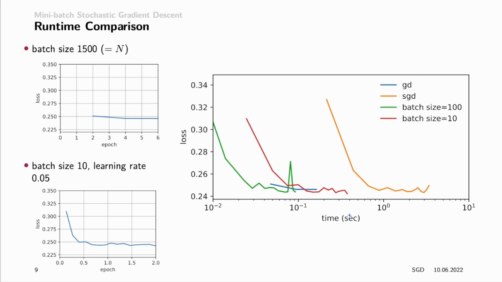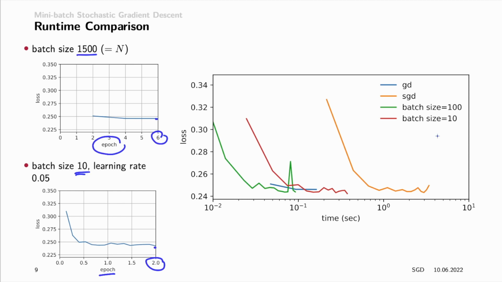Here we see the number of epochs that are needed with a batch size of 1,500. And here's the number of epochs needed for a batch size of 10. And you see that in order to arrive at a similar loss, you need many more epochs for larger batch sizes than if you work with a smaller batch size.